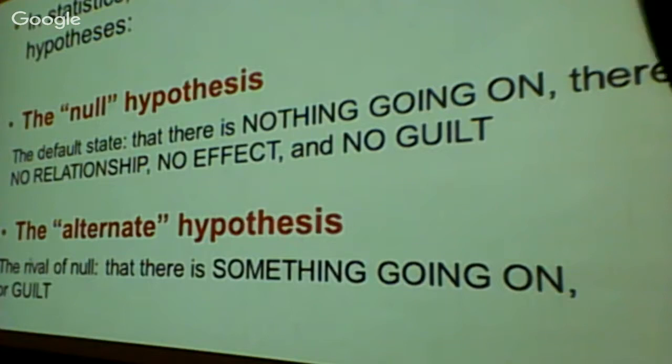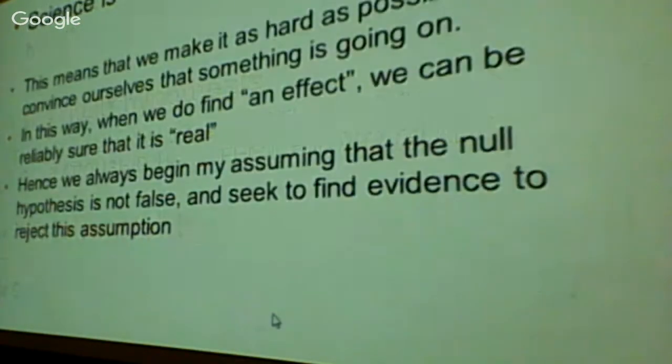Our threshold is held high. We want to make sure that we've done everything possible to discount this possibility. We explore every possibility to make this the case, and if we can't, then we accept this. That's because science, much like the law, is conservative. That means we make it as hard as possible to convince ourselves that something is going on.